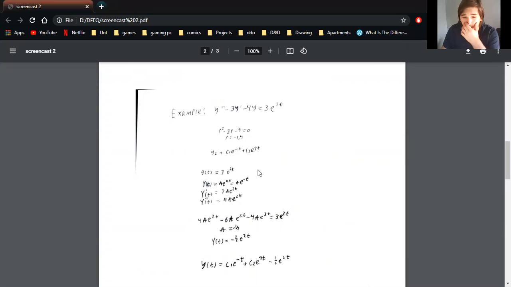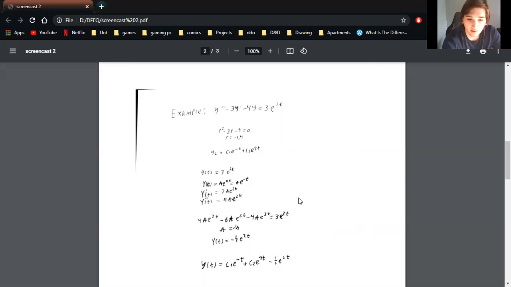You just fill it in. Then to find a particular solution, your g of t is 3e to the power of 2t. Now it's an exponential, so use that form. So your Y of t is ae to the power of 2t. I wrote that wrong at first, it's not a negative t.